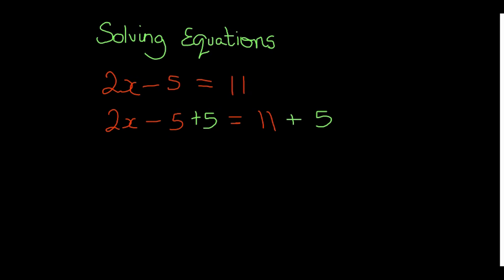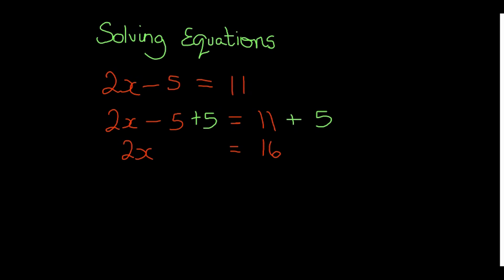We repeat the same process on both sides of the equation. So here, because this was originally a minus 5, I'm going to add 5 to both sides, and this will now give me, in my next line, I will have 2x is equal to 11 plus 5, which will give me 16.